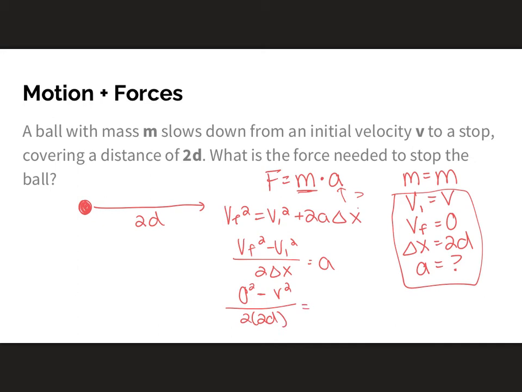Let's make this look nice. Negative v squared over 4d. Okay. Now what's cool about this is once I get this generic equation, I could just plug something in if given for velocity initial or delta x. Now I know that I need to figure out what is my force, so I can just plug this in to this equation right here.